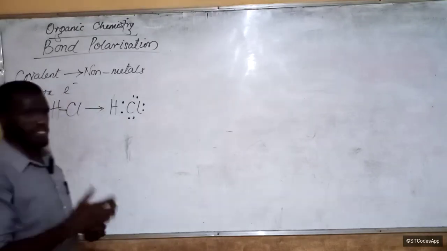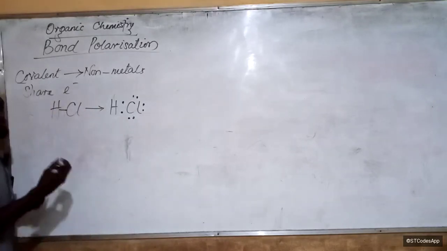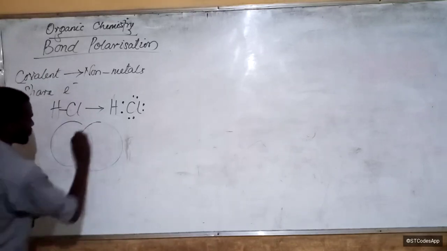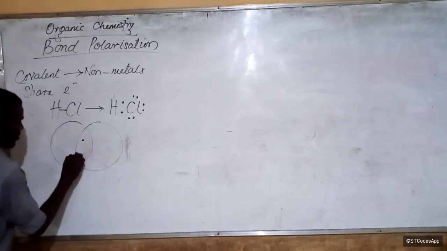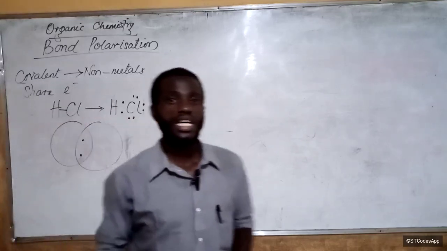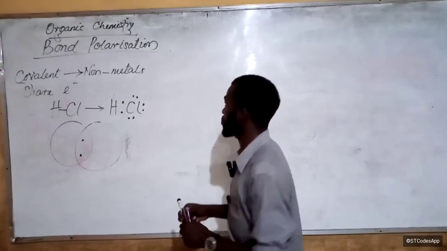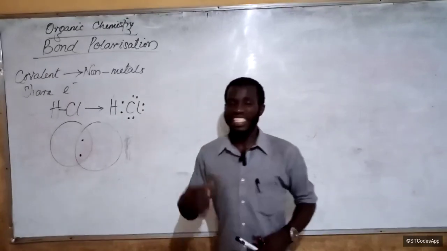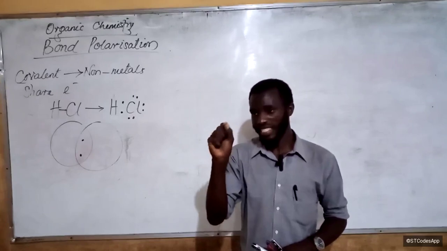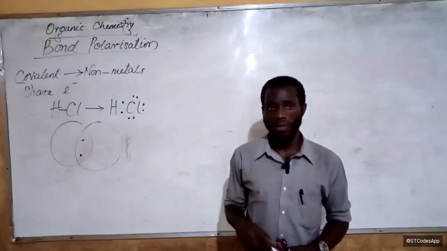Now, I want you to begin to envisage it as an electron cloud. Why? Because according to Heisenberg's uncertainty principle, it is impossible to say specifically the exact position of an electron at a particular period of time.